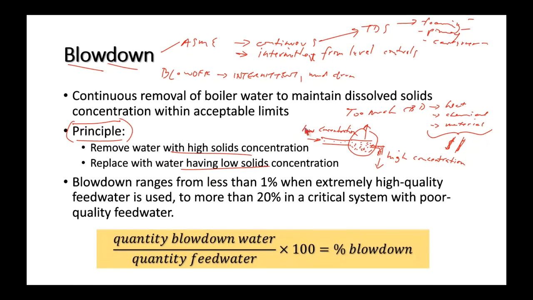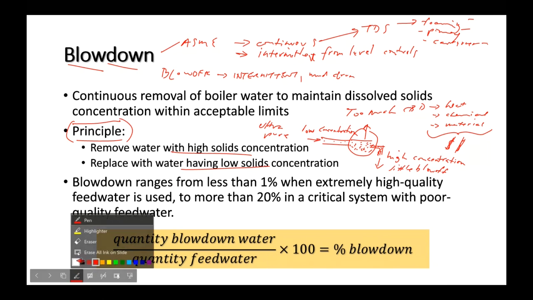Now, how pure is the water going in? If we have super pure water, we're going to blow off very little, because it's going to take a while for the dissolved solids to concentrate, to reach a particular level when we're going to be concerned about operating our continuous blow-off, or blowdown, I should say.